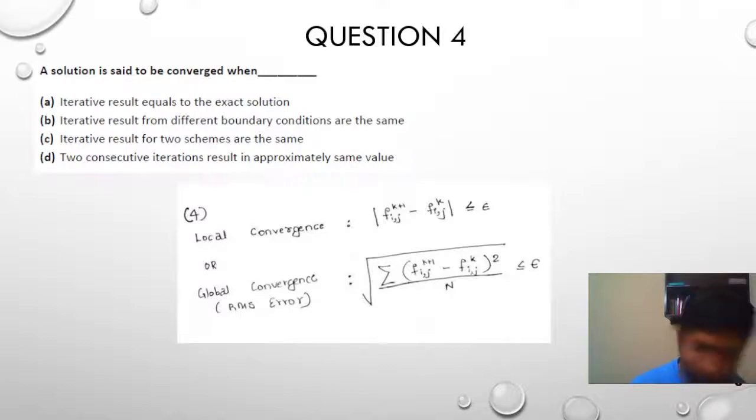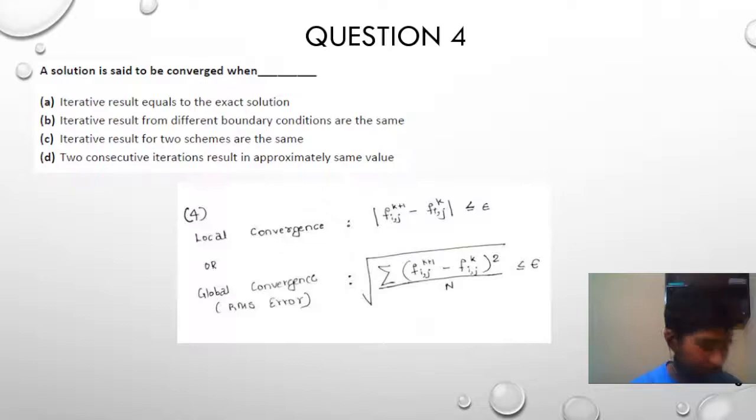Percent of what? 1%? What do you mean by 1% error? You might be talking about relative error. Yeah, I got it. So you check with the Fij cap, divide with Fij cap and multiply with 100.